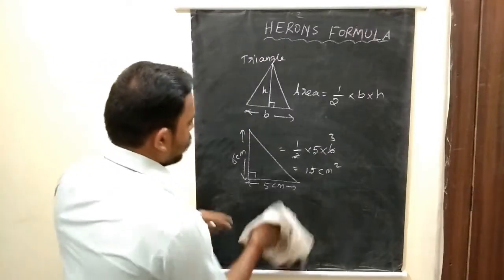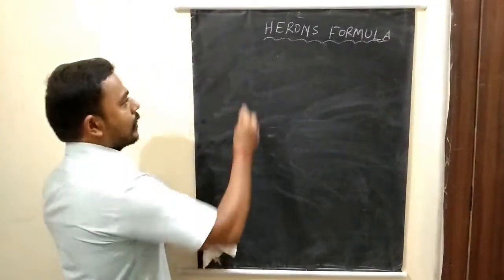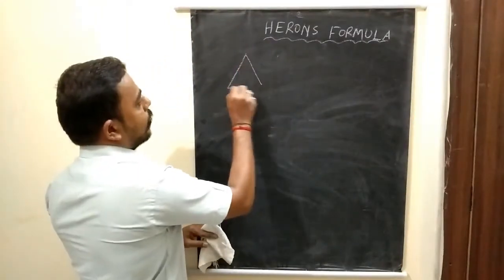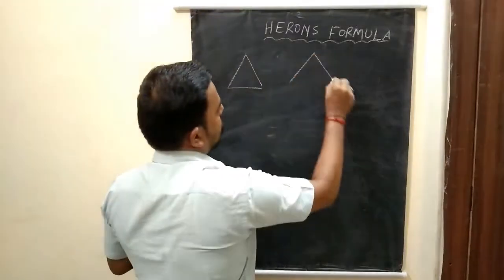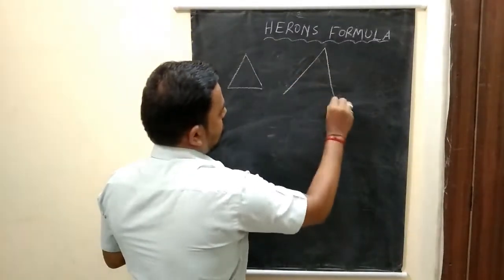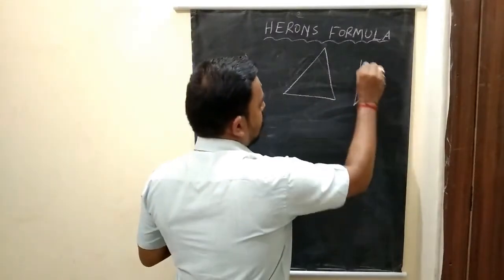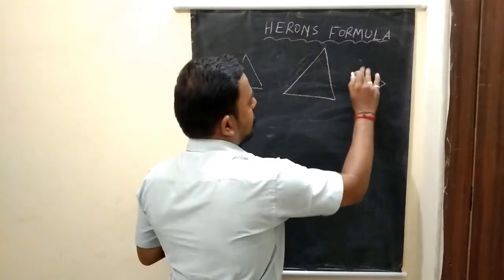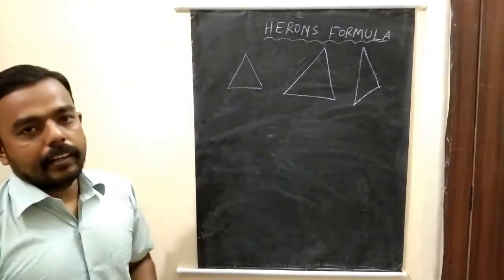So suppose you have any triangle. The types of triangle you already know: an equilateral triangle, an isosceles triangle, and a scalene triangle.